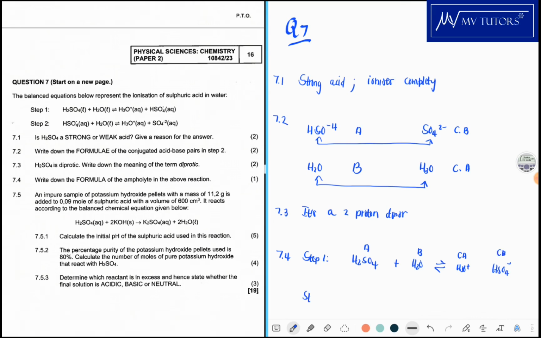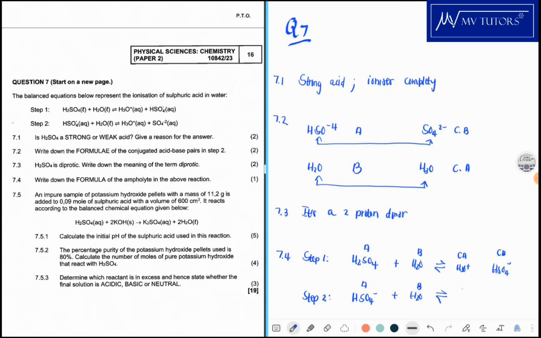Now in step 2, your HSO4 minus is actually an acid in this case, whereas your water remains your base. So in this case, the water is not acting as an amphiprotic substance. That's what you would expect, but it is not.